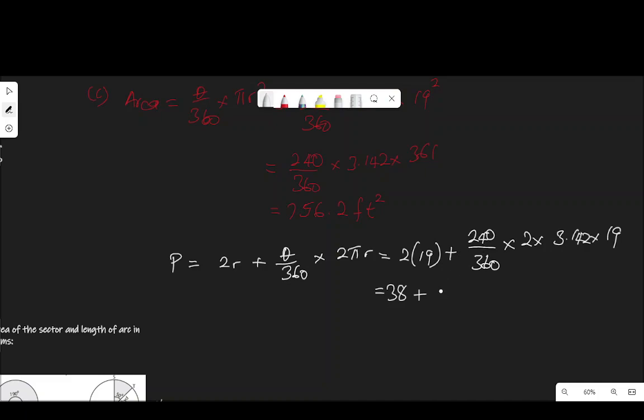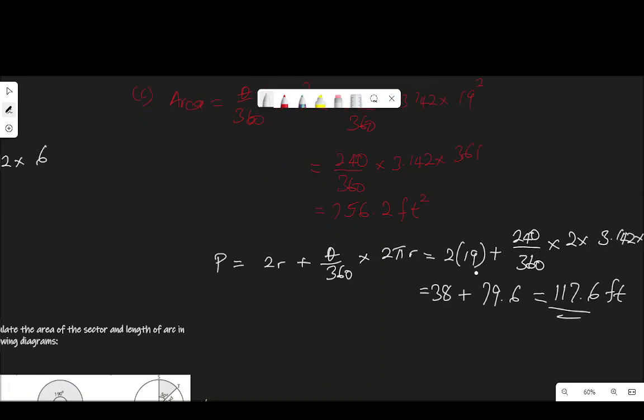That is 79.6 approximately. We add that to 38, and that is 117.6 approximately feet. That is the perimeter of the sector.